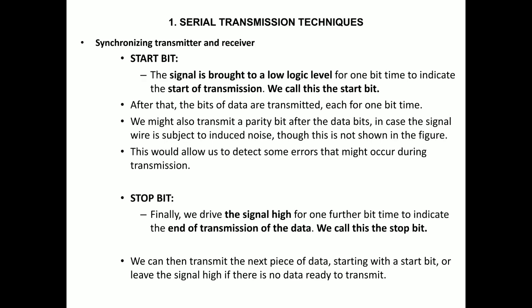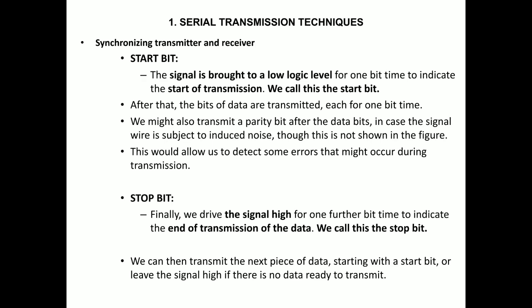In a circuit between transmitter and receiver, there are two control bits. When the start bit is low, the transmitter will start to transmit the data.